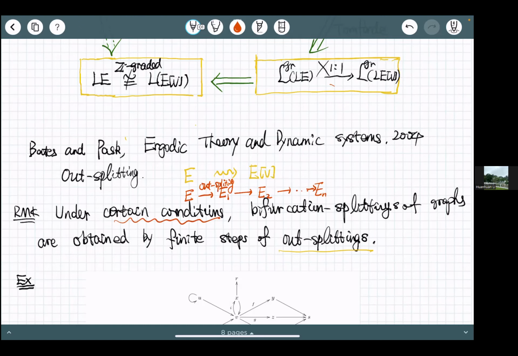Because outer splitting gives us isomorphic Leavitt algebras, so we need gamma V to be an isomorphism or surjective, and also need some condition. Under this condition, one can show that this bifurcation splitting is exactly several outer splittings.